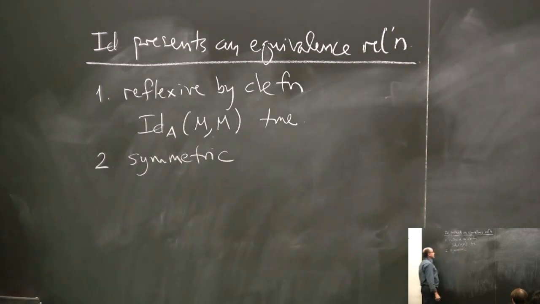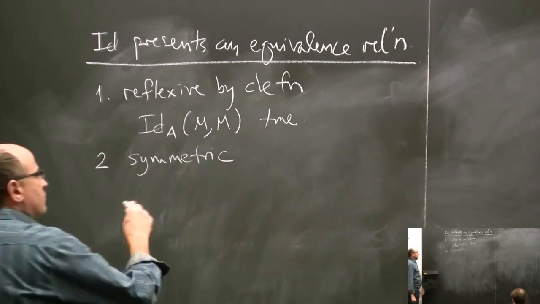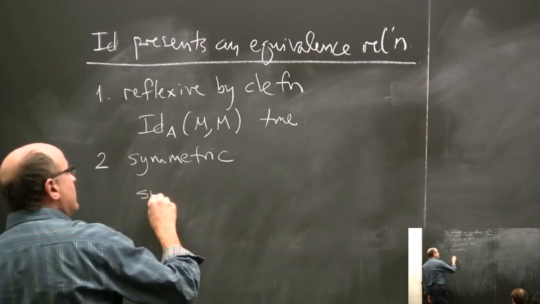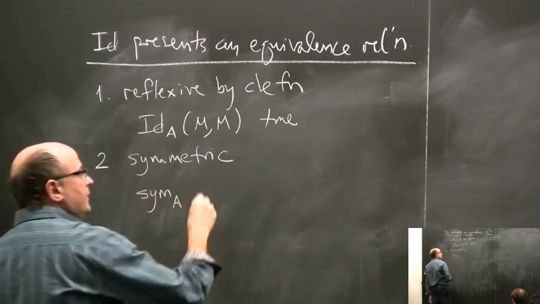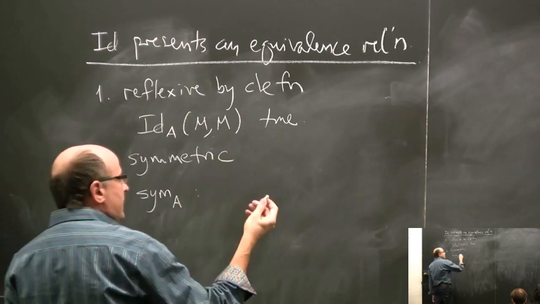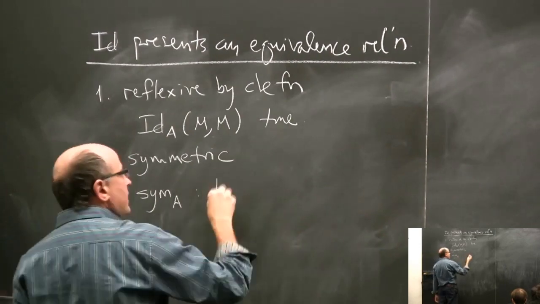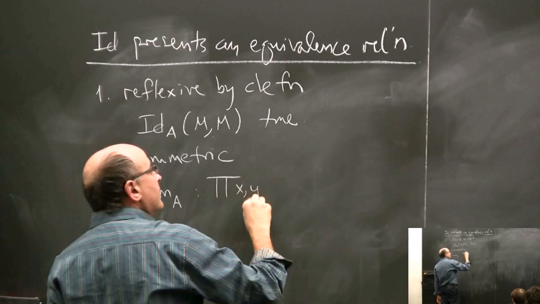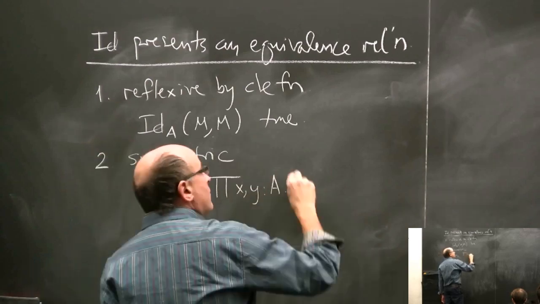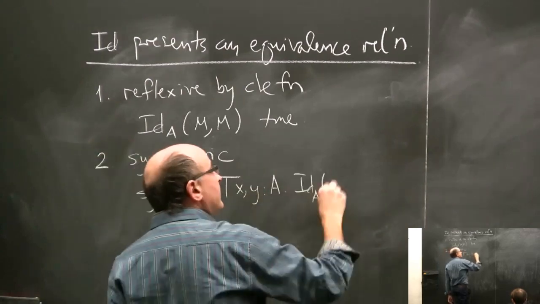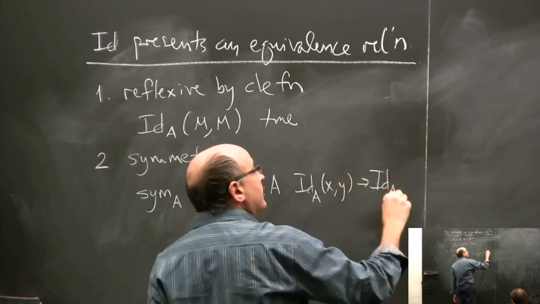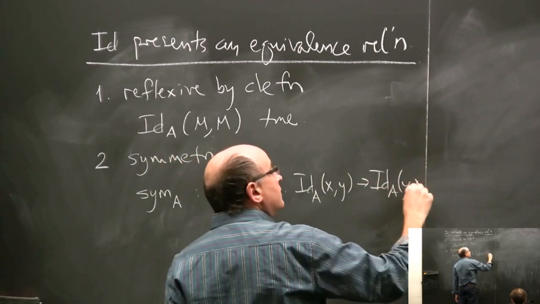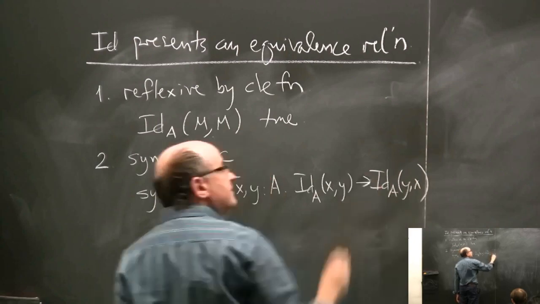And how do we prove this? So how do we do symmetry? Well, to prove symmetry I want to find a function. I can write it like this: sim a, which is a mapping, and I can do this generically in x and y and a. I want to say if you have an element of id x y, then you're going to give me back an element of id y x.